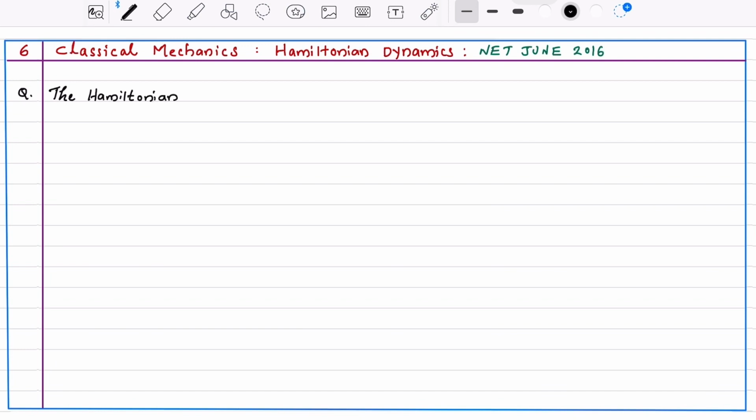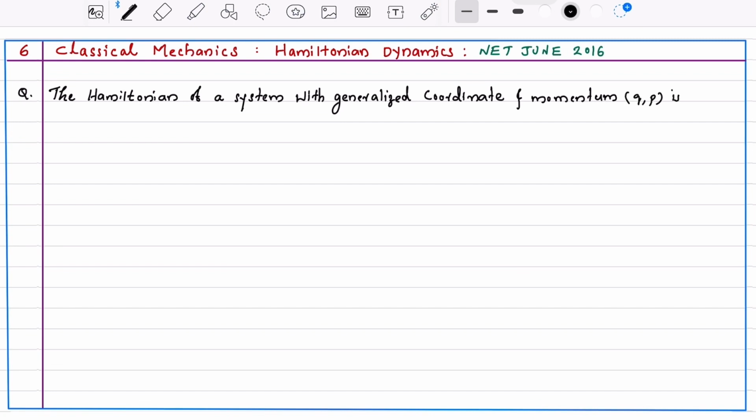The Hamiltonian of a system with generalized coordinate and momentum q, p is H equal to p squared q squared.